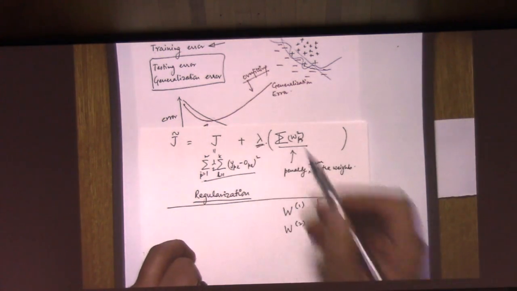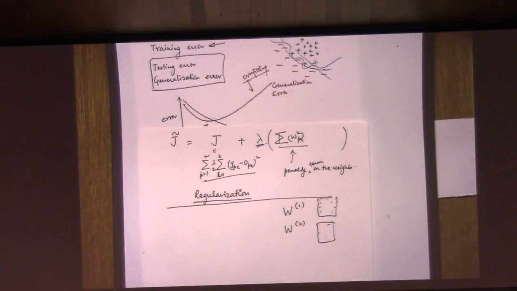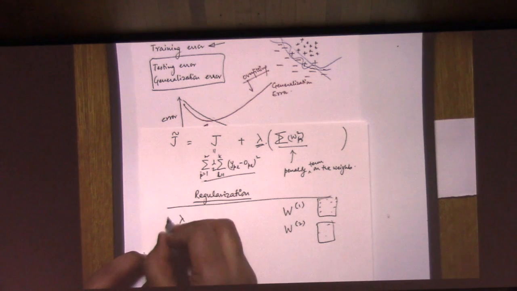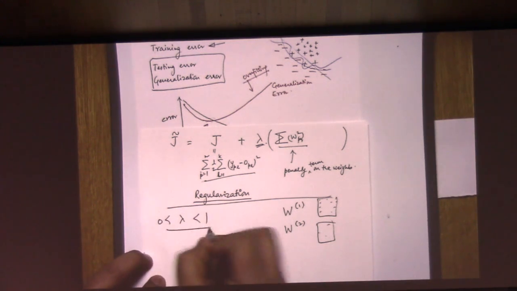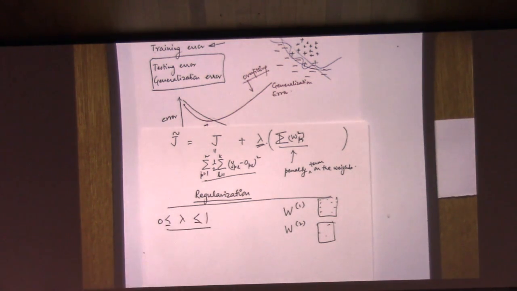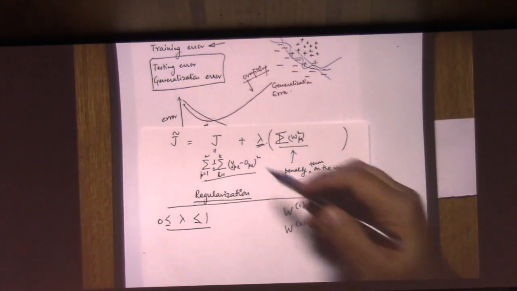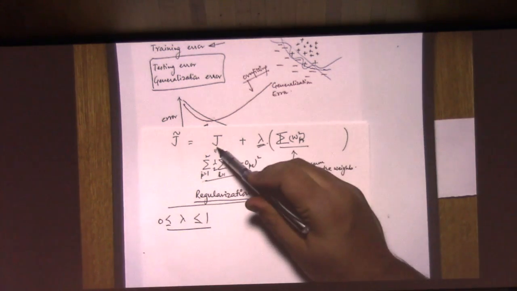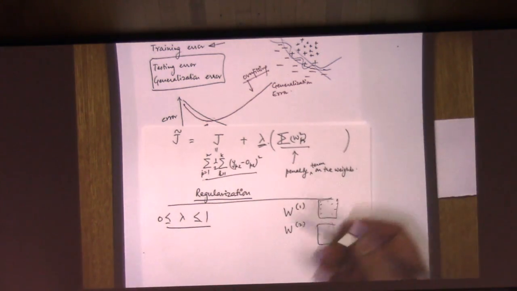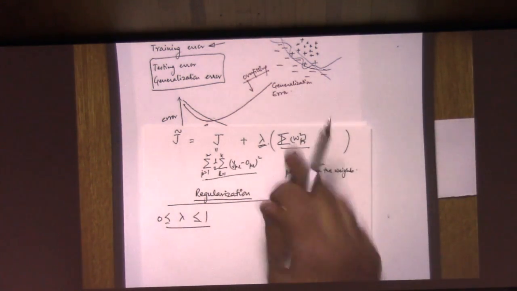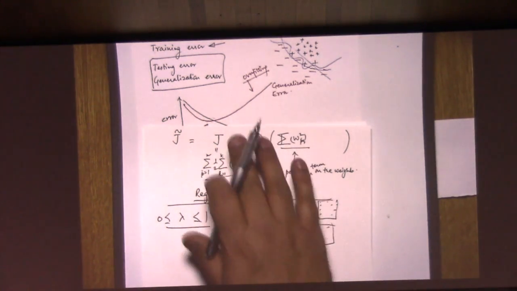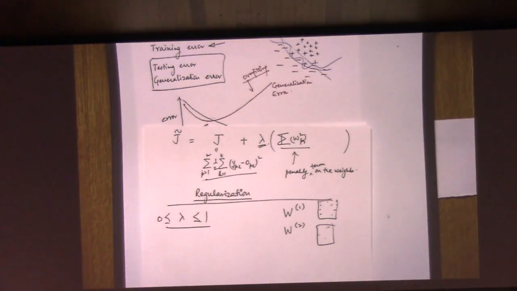Is this lambda? Okay. Now lambda is a value. Lambda is typically between 0 and 1, and that controls how much you want to put emphasis on simplicity and how much on low training error. So if we set lambda to 0, then that means that you want a solution which has very low training error.